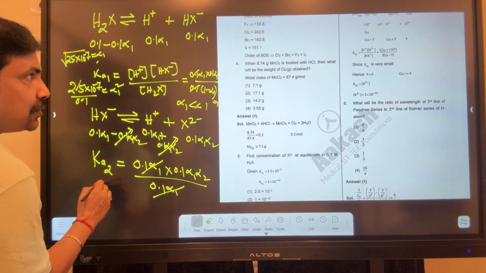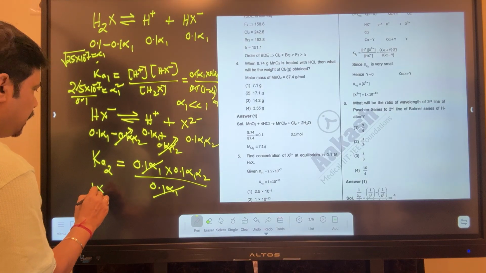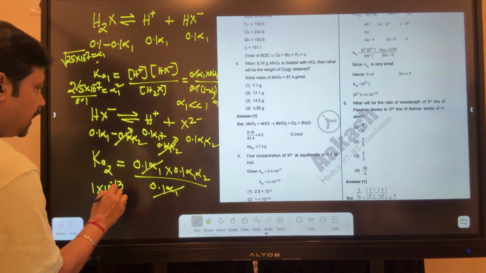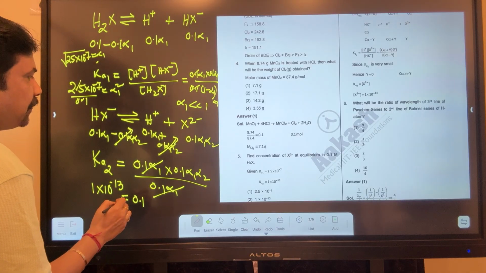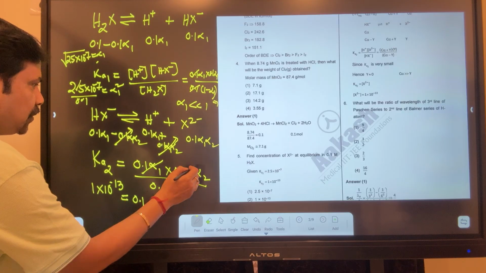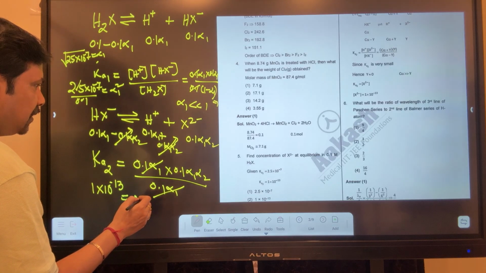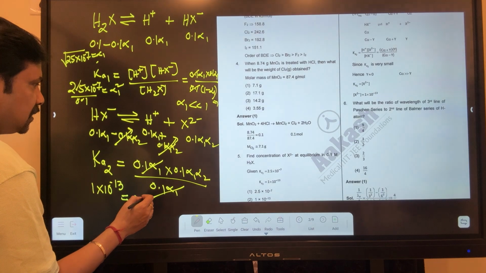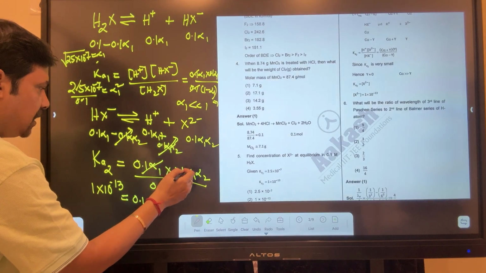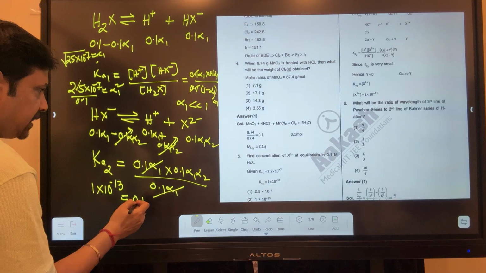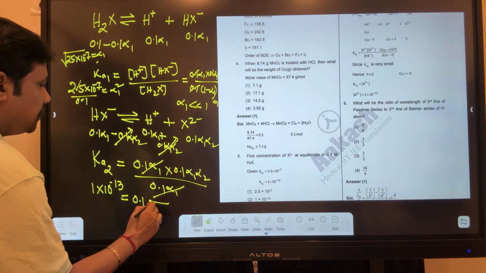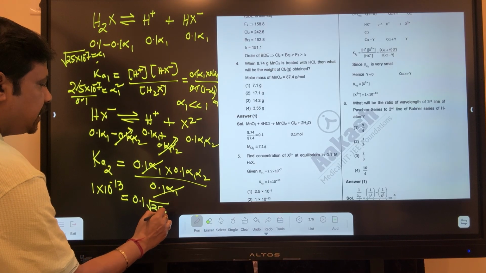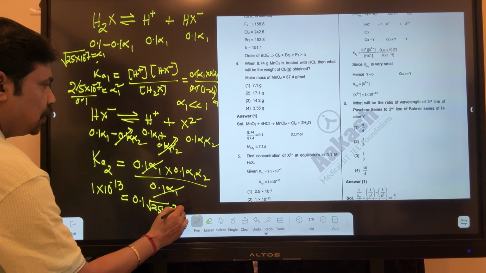If you look at, K2 is 1 into 10 to the power of minus 13 is equal to, and here we are getting 0.1 into alpha 1, 0.1 into alpha 1. You have to find this concentration from this equation. I have to get the alpha 2. Okay, fine. Then 0.1 alpha 1 value is under root of 25 into 10 to the power of minus 7 into alpha 2.